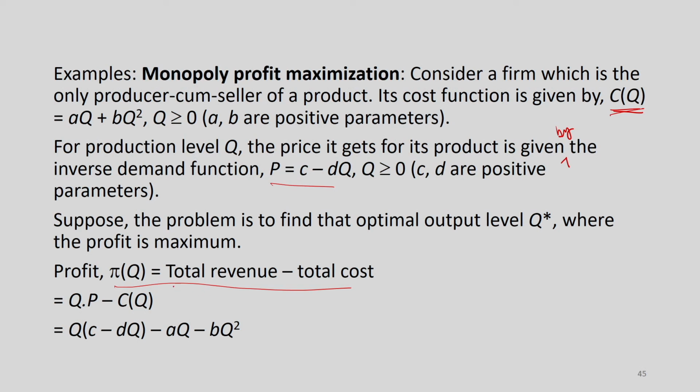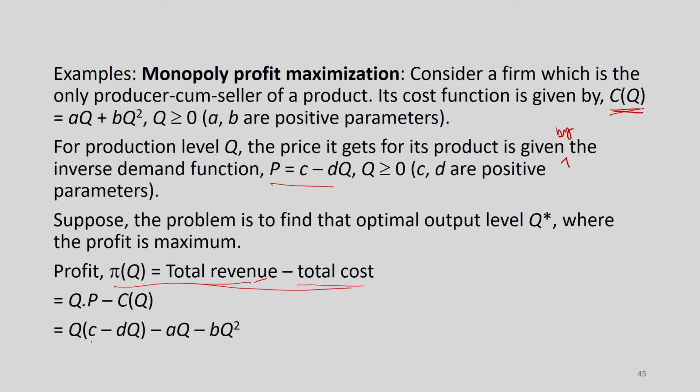The money that you are getting is called the total revenue, and the cost that you bear is called the total cost. And so, this boils down to total revenue, which is Q multiplied by P, minus the cost, which is the cost function itself, C(Q).